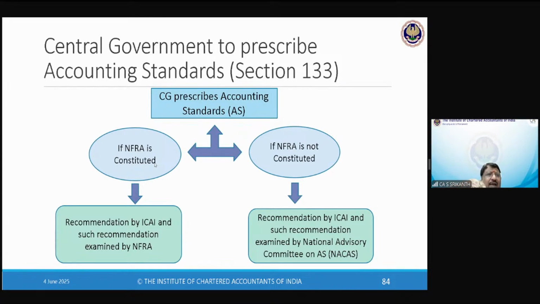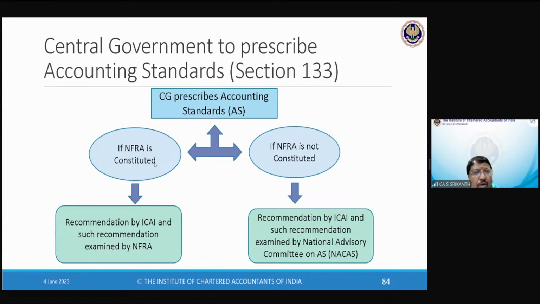So if NFRA has passed an order, against that order, to whom will you go? You have to go to some judicial body now. So within the Companies Act, you have NCLT and NCLAT. If NFRA is passing an order, against that order, where will you go? You won't go to the tribunal because they are equal bodies, peers. So you go to NCLAT, National Company Law Appellate Tribunal.